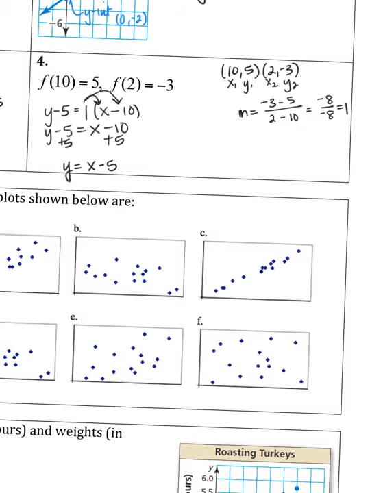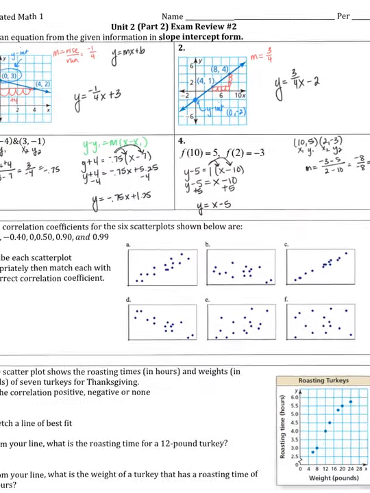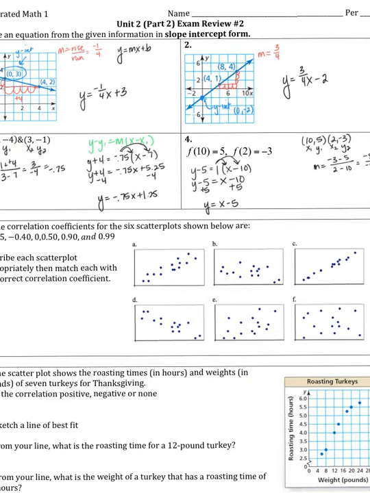Perfect. Moving on. For question 5, we are given 6 graphs with 6 different possibilities for an R value. The first thing you want to do is go through and identify whether the correlation is positive or negative for each graph.